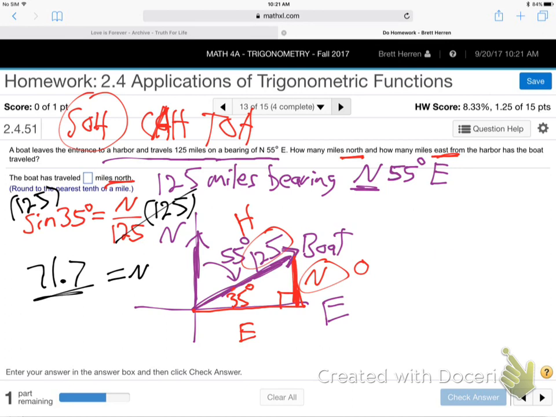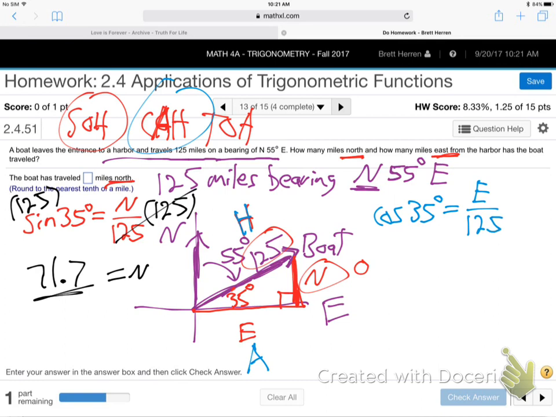To find the eastern component, getting back to the 35, eastern over hypotenuse? What's going to involve the eastern, which is the adjacent side over the hypotenuse? That's cosine. So cosine of 35 degrees is the eastern component over the 125, right?